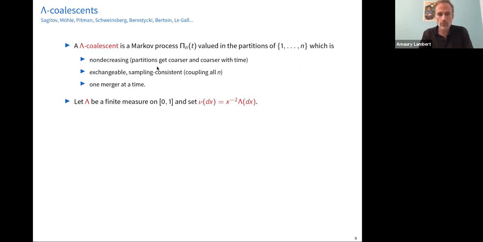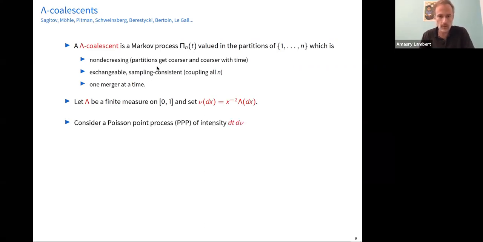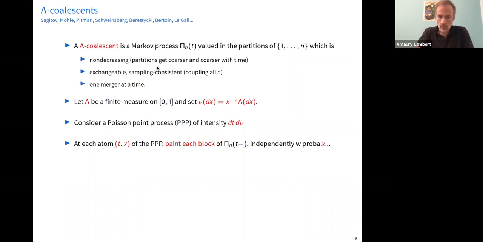It has been shown by Sagitov and Möhle and others that these coalescents can be characterized thanks to a finite measure called lambda, hence the name of the lambda coalescent. And if lambda doesn't charge 0, you can define nu of dx as on the slide, and construct the process from a Poisson point process of intensity dt d nu as follows.